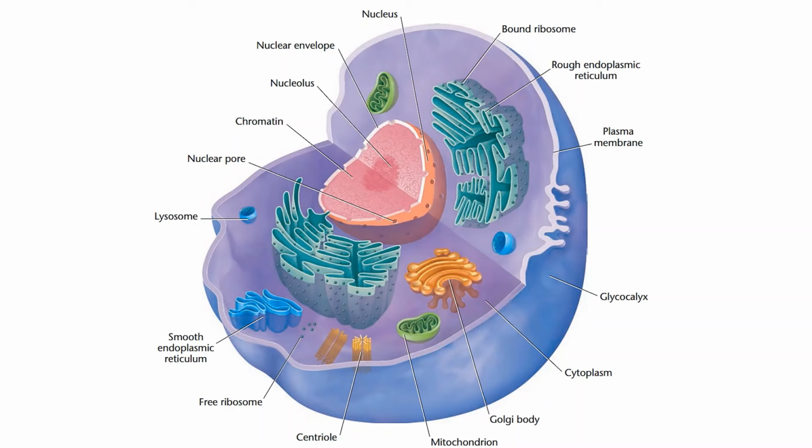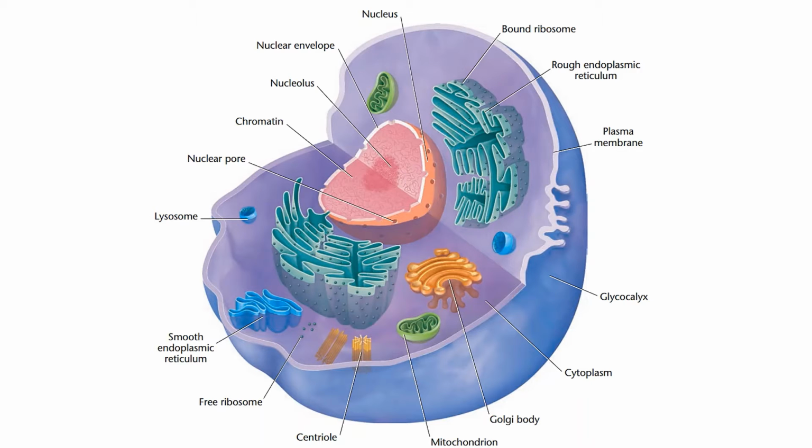Here we have an illustration of a eukaryotic cell. And it's very obvious already from this illustration how the internal parts of a eukaryotic cell are compartmentalized into membranous organelles.